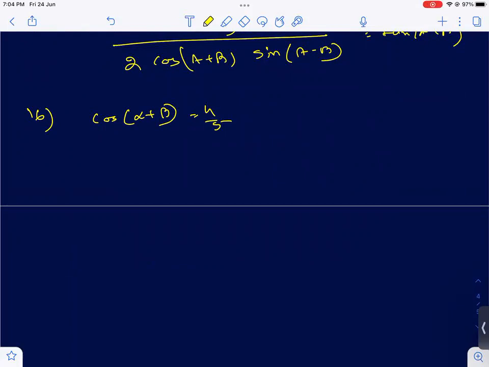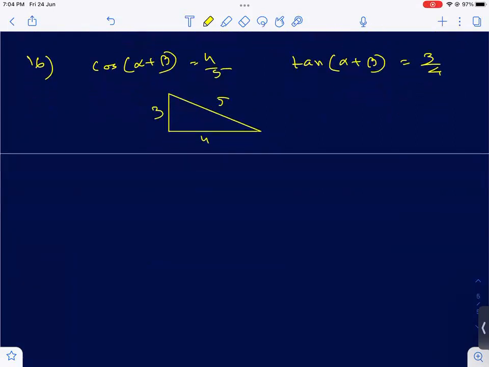Actually cos theta is 4 by 5, so tan theta is 3 by 4. We can get it by a right angle triangle also. So this is 4, this is 5, this is 3. Similarly, it has been given sin alpha minus beta equal to 5 by 13. So if it is 5, 13, just a minute, this is 5, 13, 12.